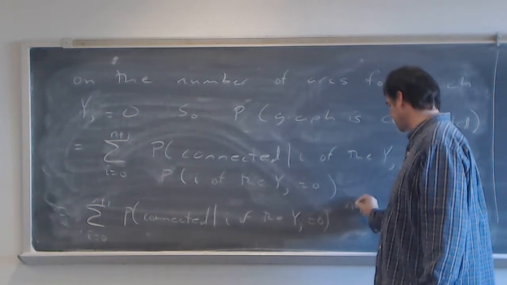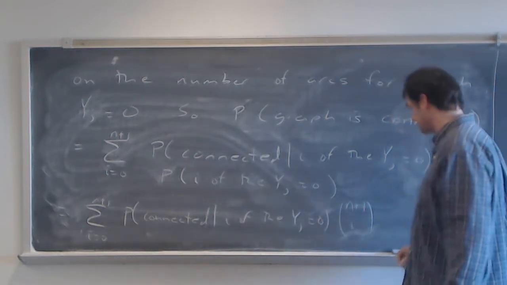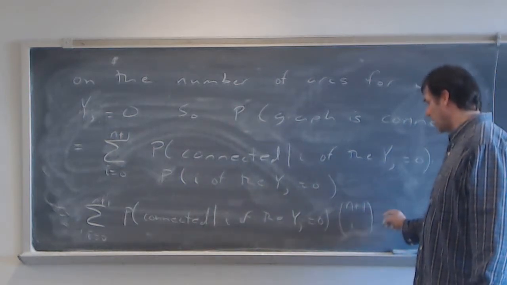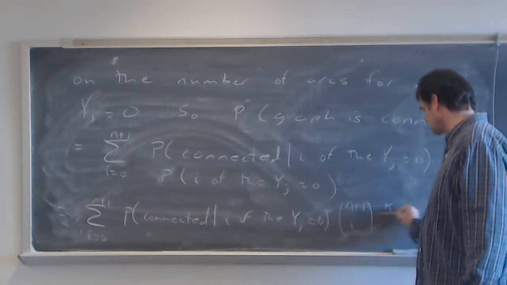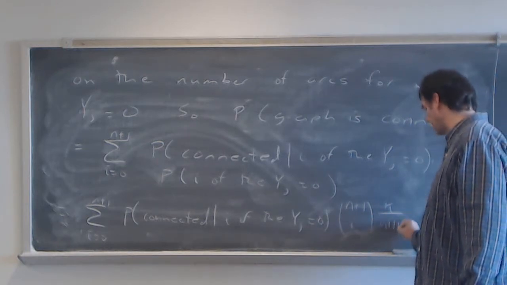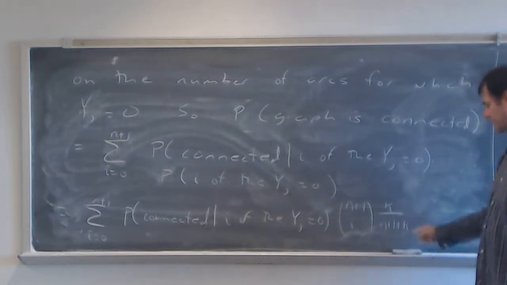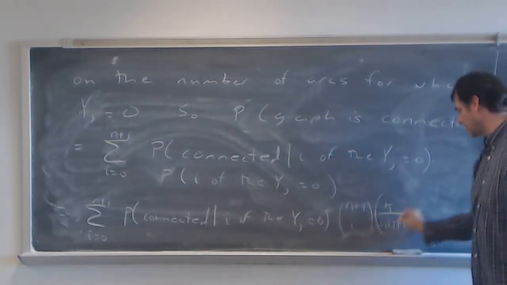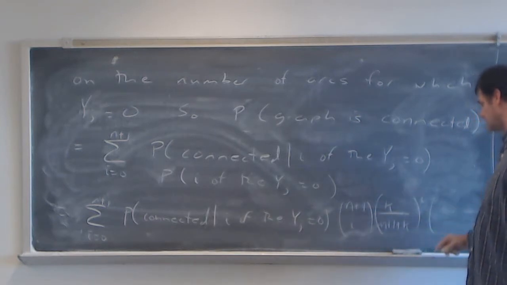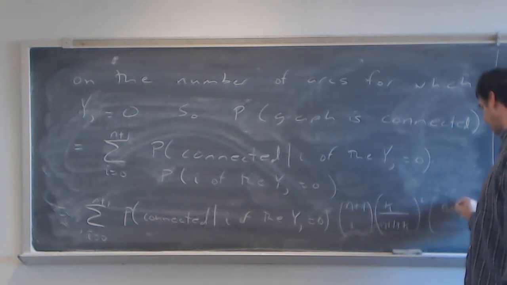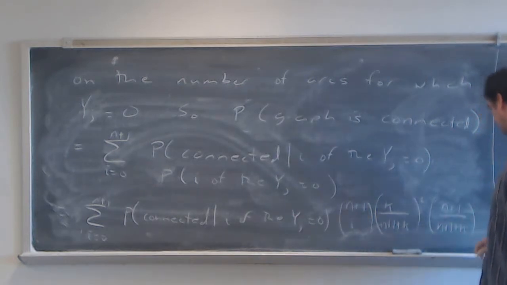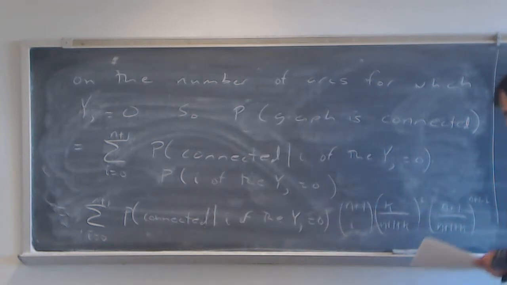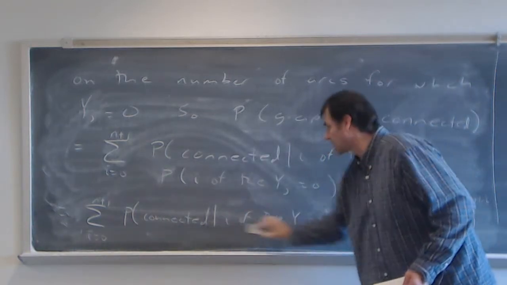Well, n plus 1 choose I. Then the probability of being sent to the supernode for each one is k over n plus 1 plus k, where n plus 1 plus k is the total number of nodes, k in the supernode and n plus 1 ordinary nodes. That is raised to the I, times 1 minus that, raised to n plus 1 minus I. Yes, that's right. All right, so next I need to compute this conditional probability.